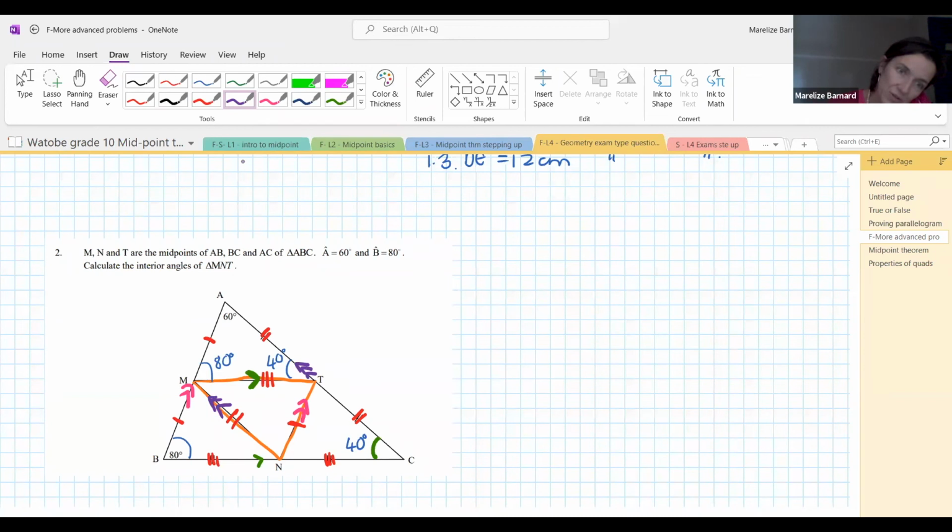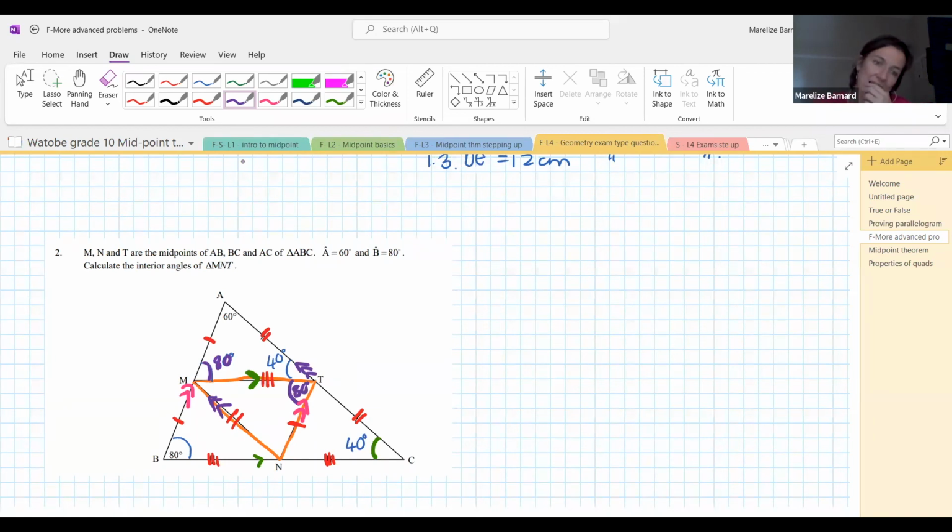So we must look for something, because then AB is parallel. Oh, here we go. AB is parallel to AC. So we can say that the AT here is alternate. So this AT is alternate with that AT because of the parallel lines, the pink parallel lines.